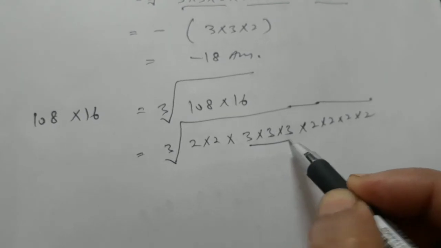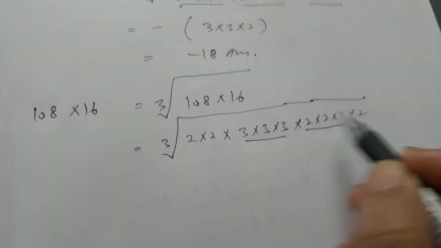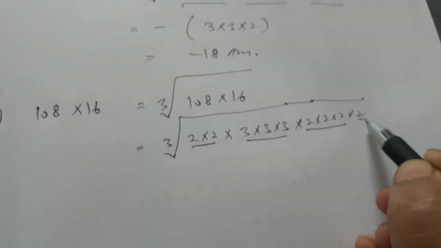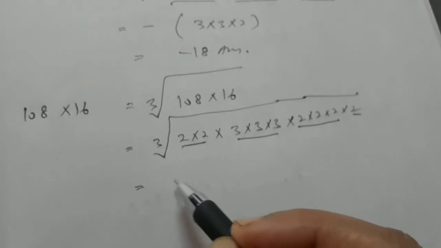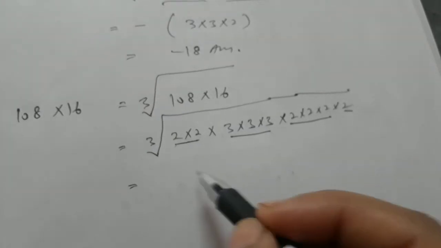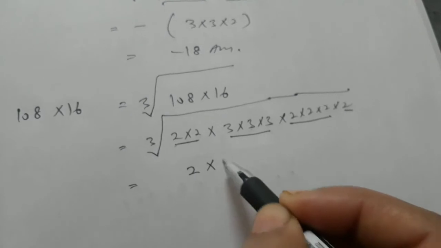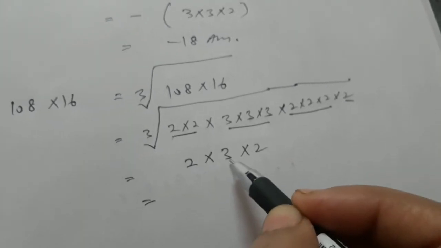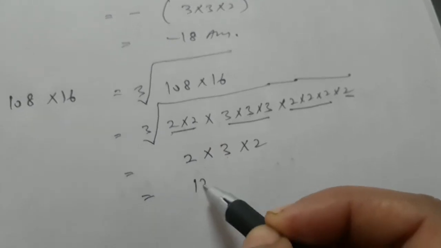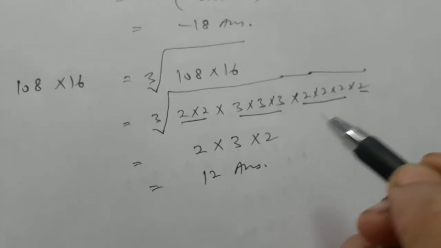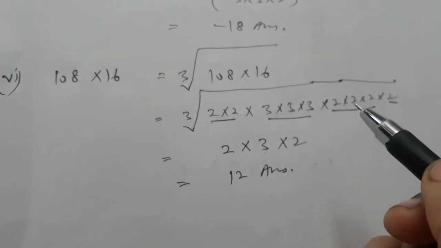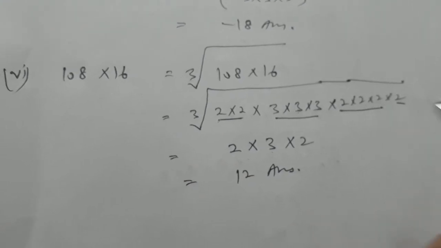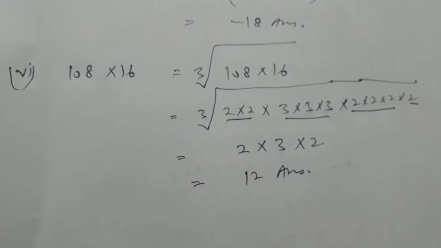These 3s will make a pair, these 2s will make a pair, and these 2 and one 2 will make a pair of it. So from these 2, from these 3, and from these 2. So our answer would be 2 3s are 6, 2 6s are 12. So we can say the cube root of 108 into 16 without multiplication is 12.